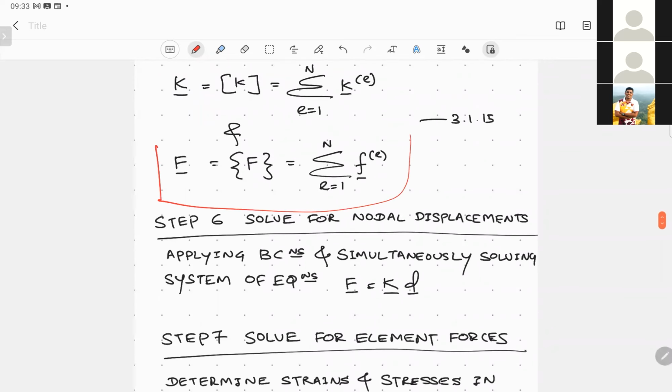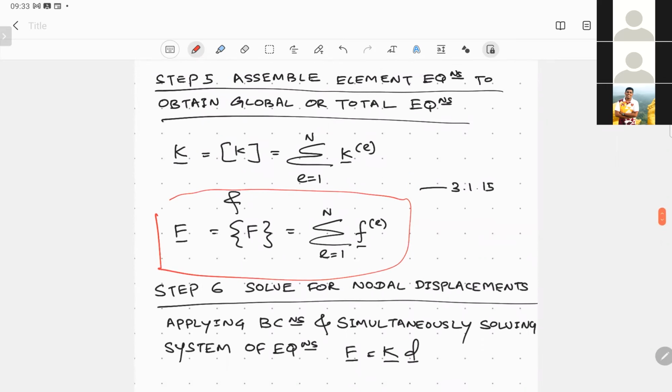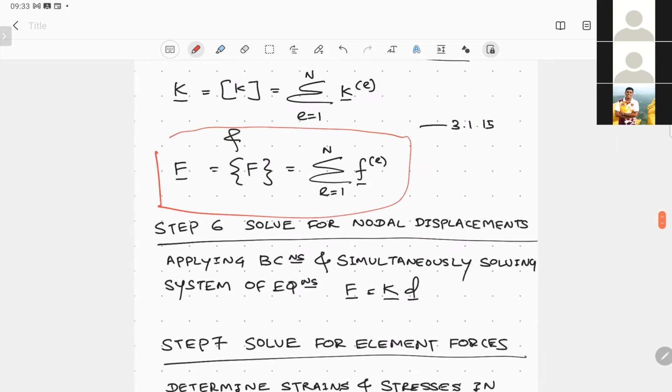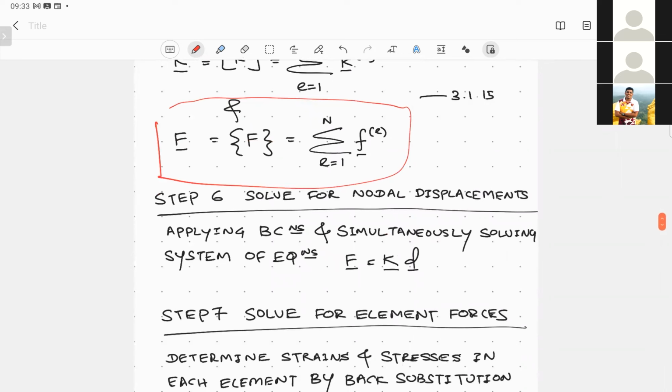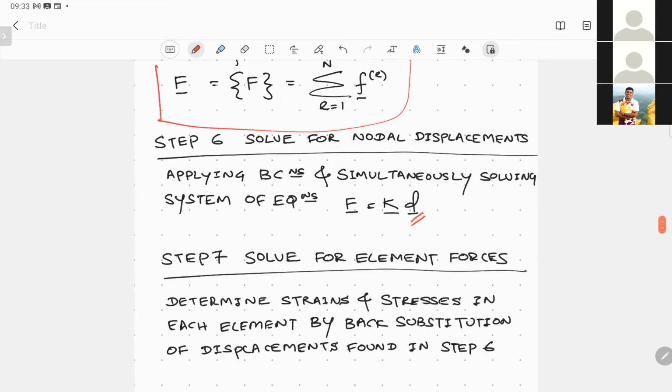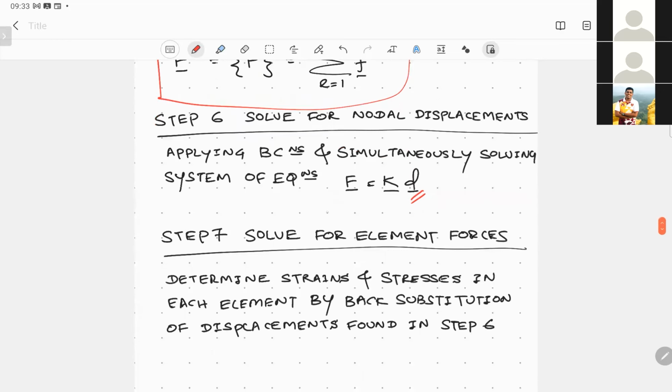Once you assemble these element stiffness matrices and express them in terms of the global coordinate, the total global stiffness matrix, you can solve for the nodal displacements. And of course, when you apply boundary conditions, you can solve for the nodal unknown displacements.